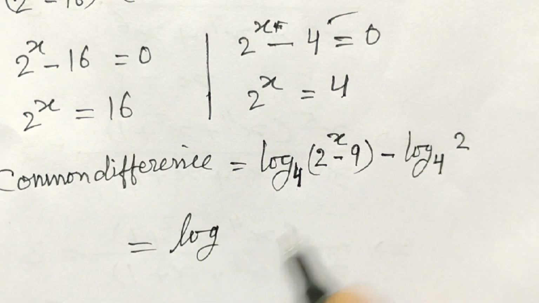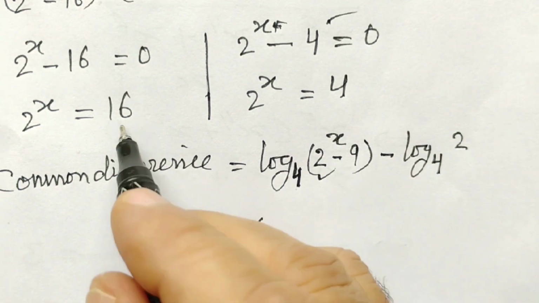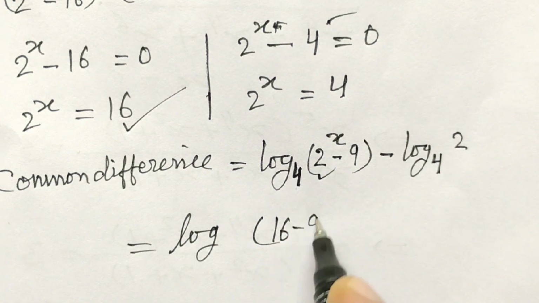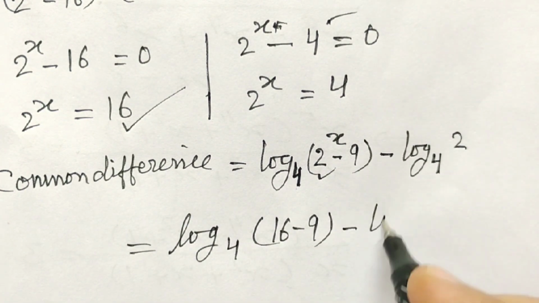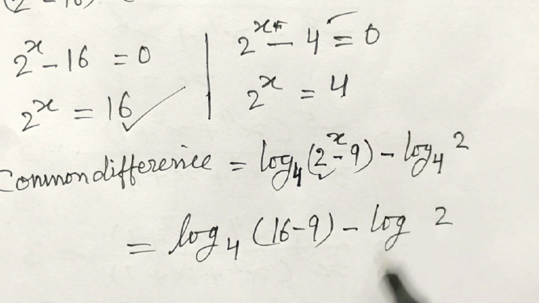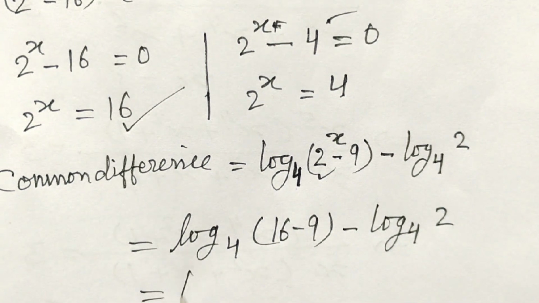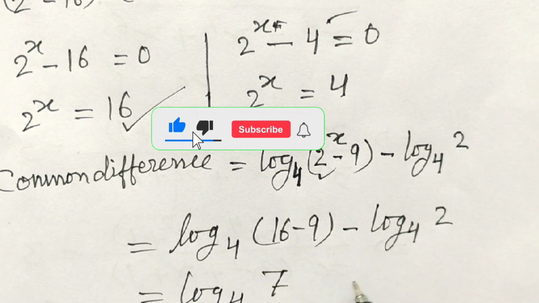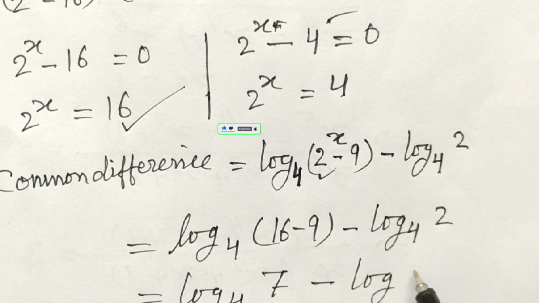If we take 2 to the power x as 16, log of 16 minus 9 to the base 4 minus log of 2 to the base 4, so log of 7 base 4 minus log of 2 to the base 4.